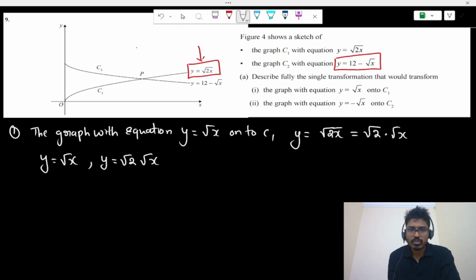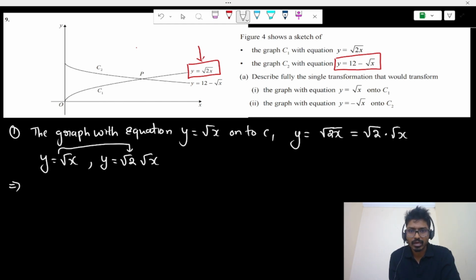In transformation, if you look, there is a root 2 multiplying x, so it's a multiplicative transformation. Whenever there is a multiplication by root 2, there is a stretch, a stretch of root 2.